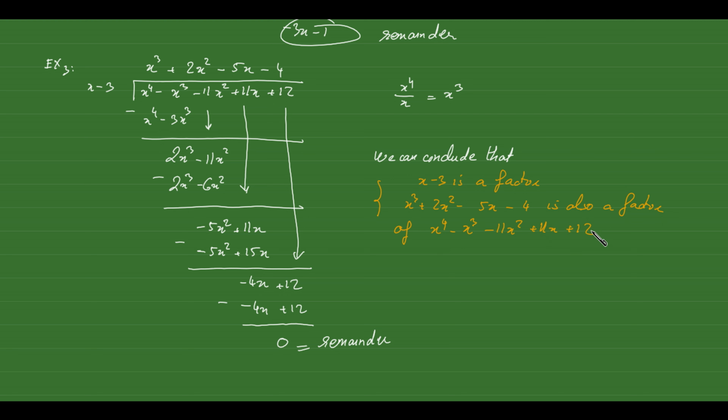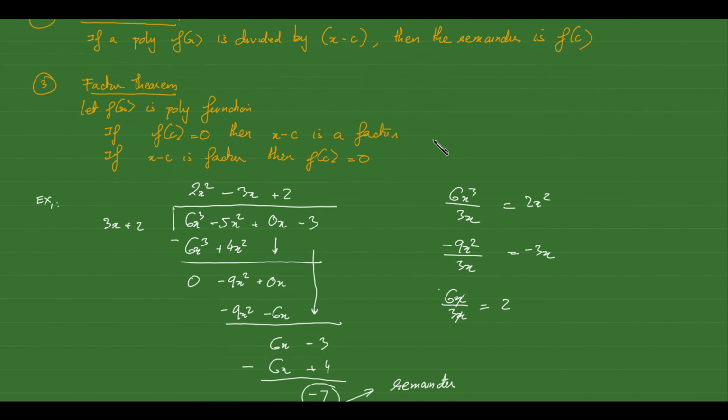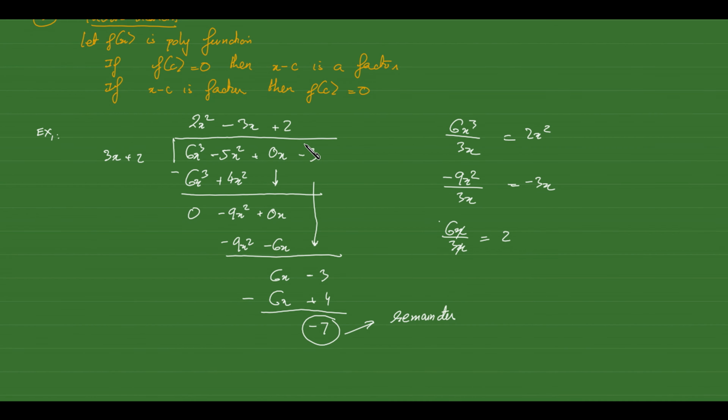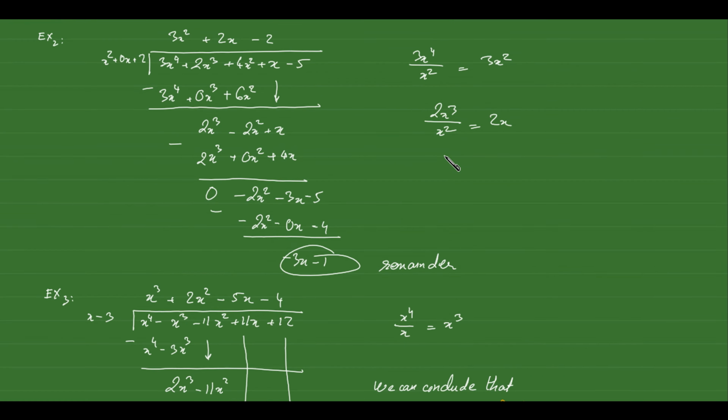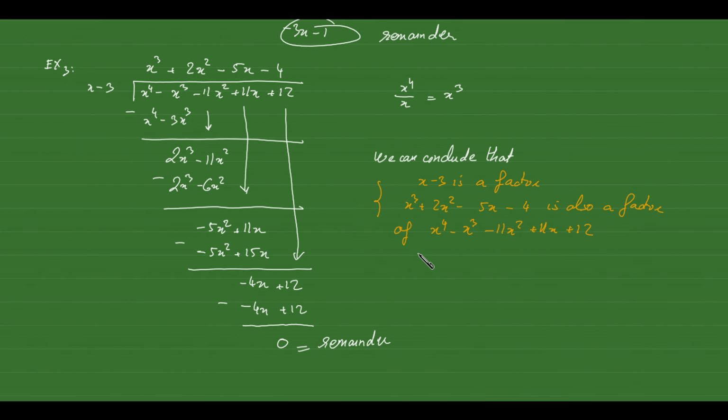This is a factor because the remainder is 0. Other than that, based on the factor theorem, we know that x minus 3 is a factor, and that's why we can conclude more.